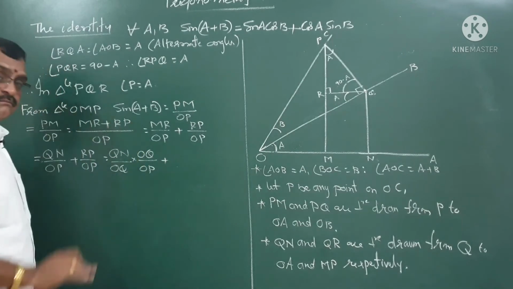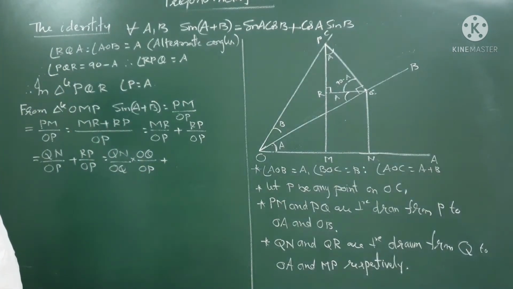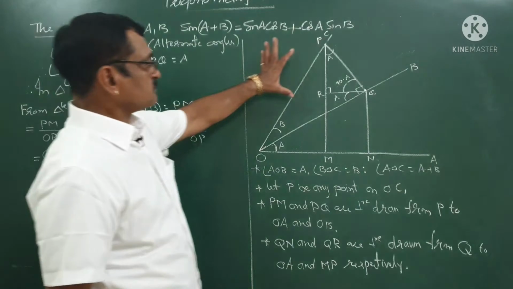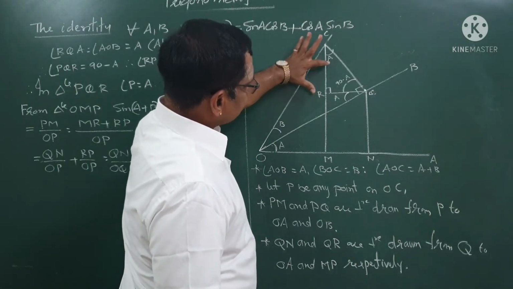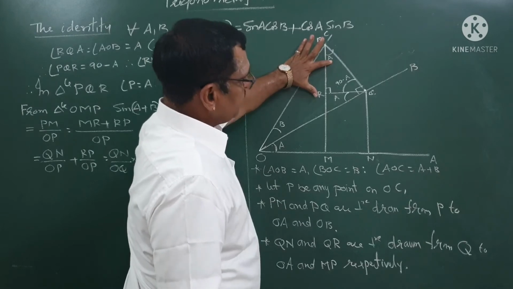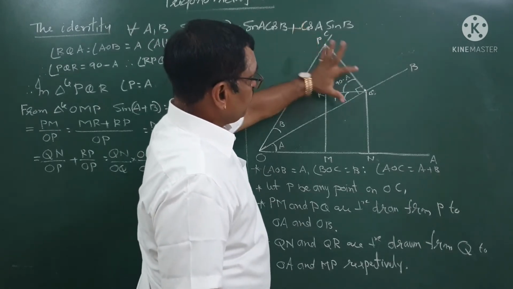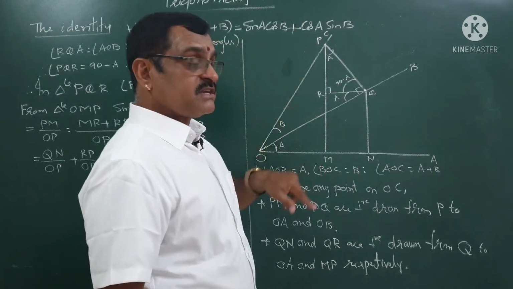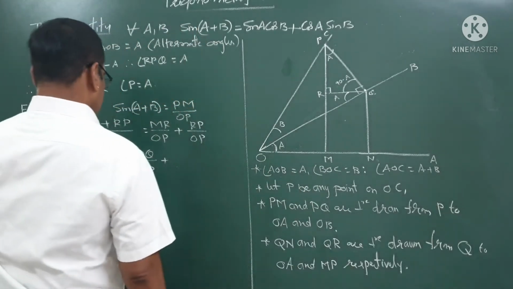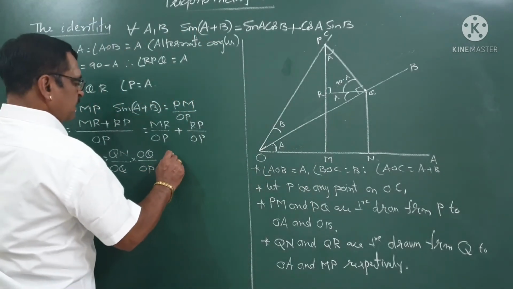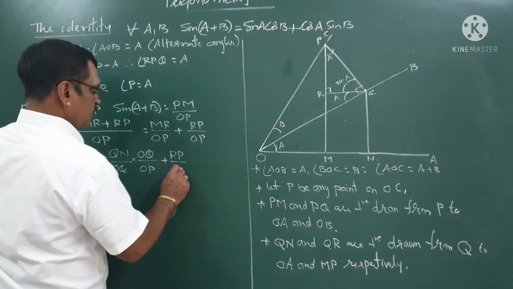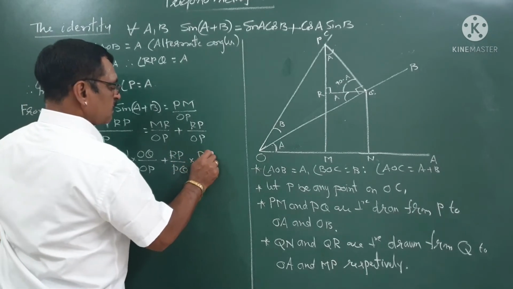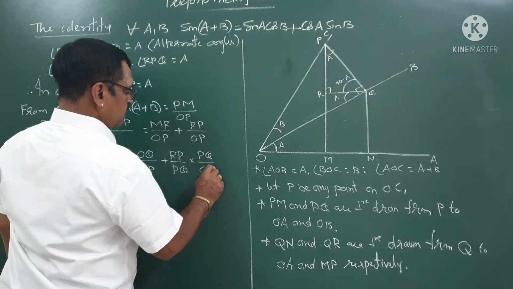Next, I have RP. RP is the adjacent side to angle A here. If I have PQ, I can express it as cos A. So RP by PQ times PQ by OP.